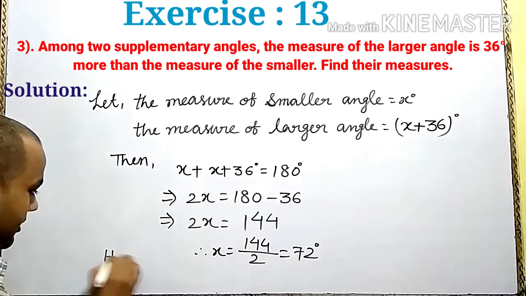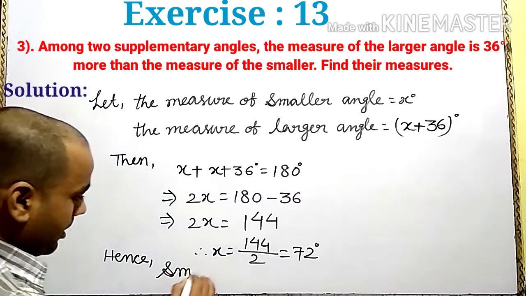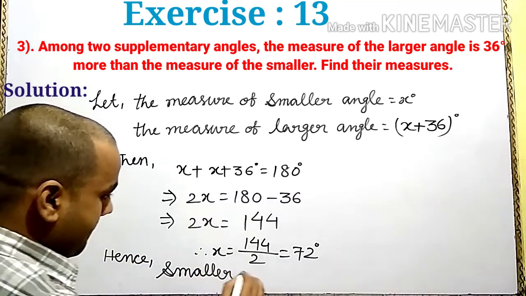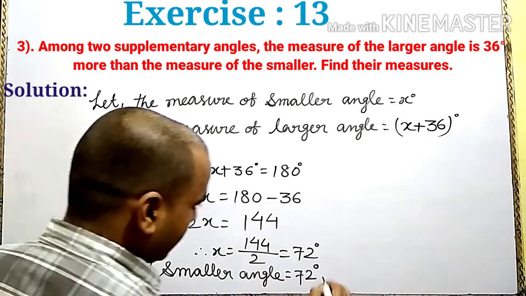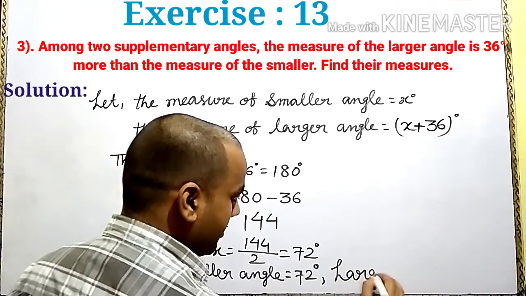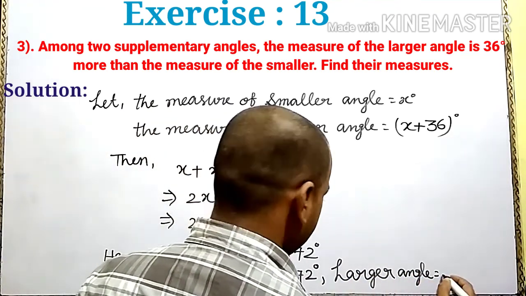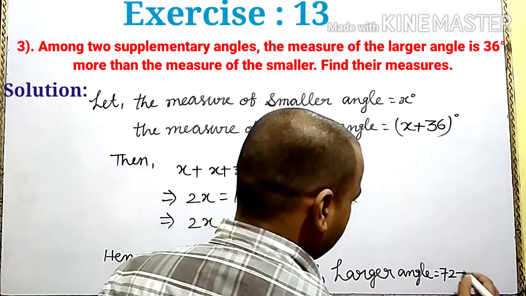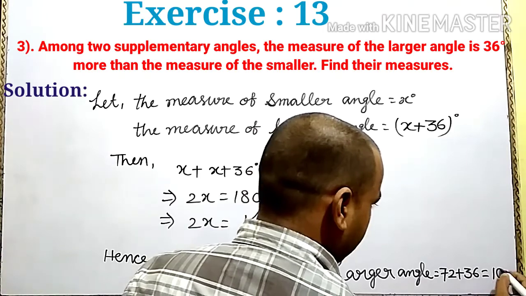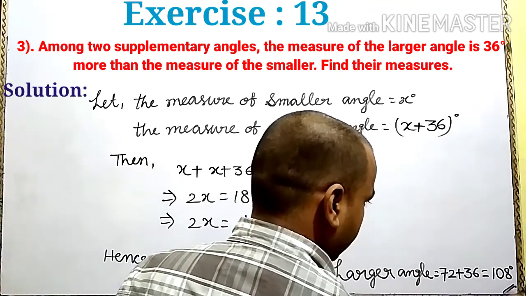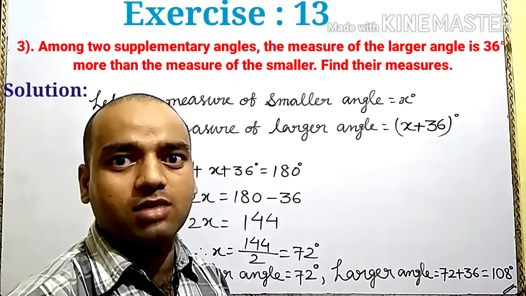So hence the smaller angle is 72 degree, and for the larger angle we write 72 plus 36, we get 108 degree. Is it clear?